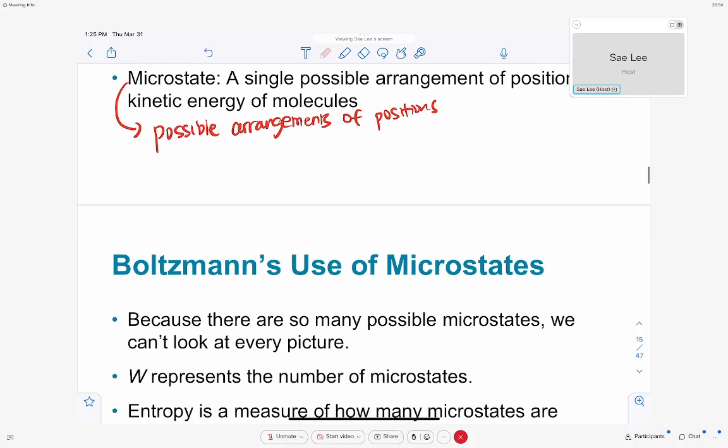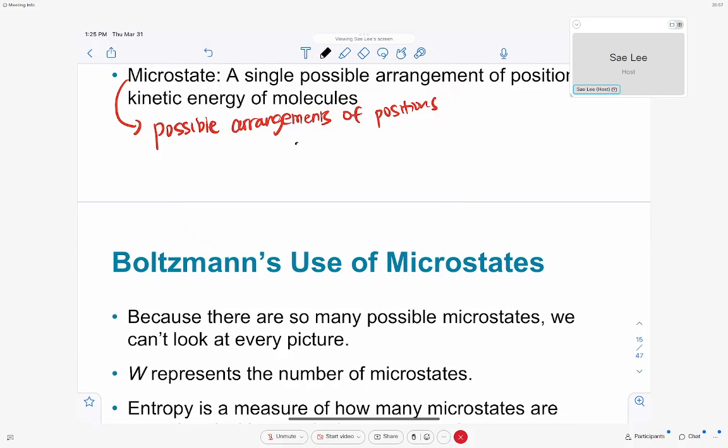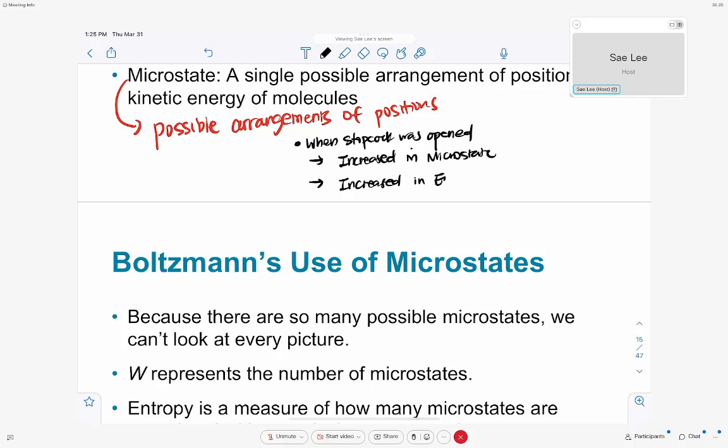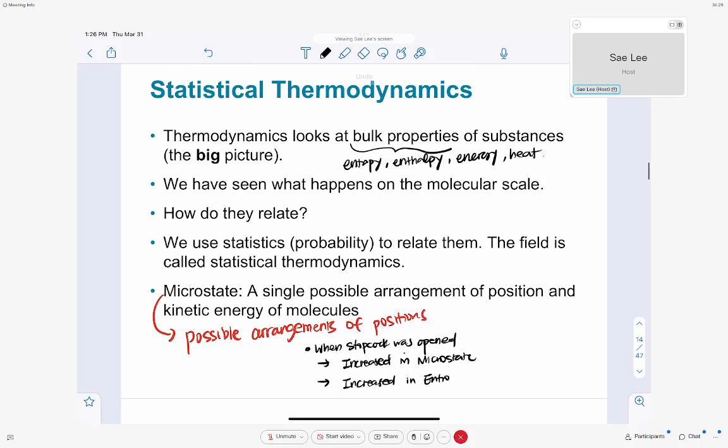I'm going to write that down here. To sum up this slide, increasing microstates will increase the entropy.